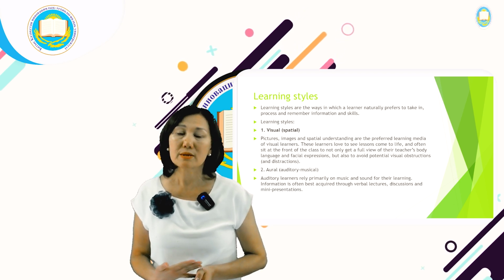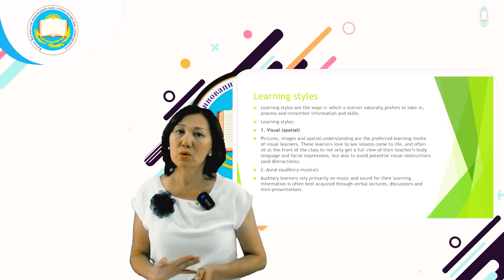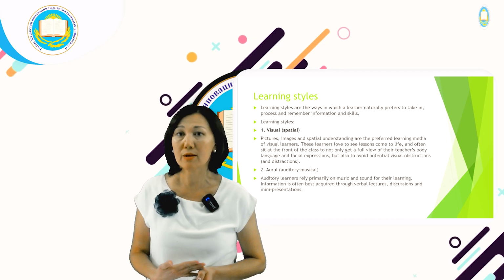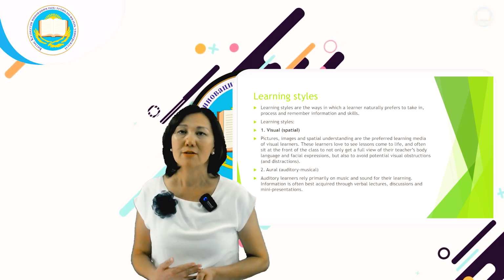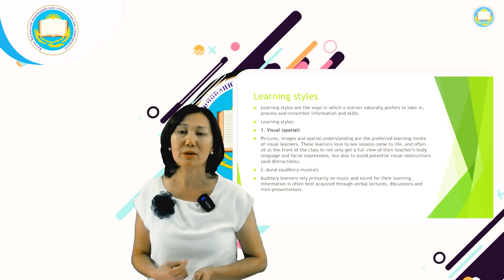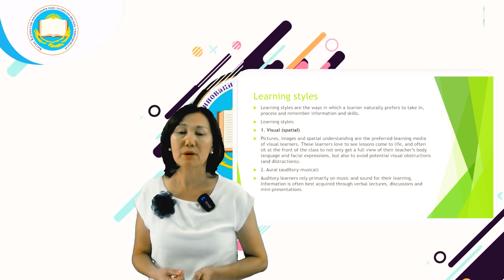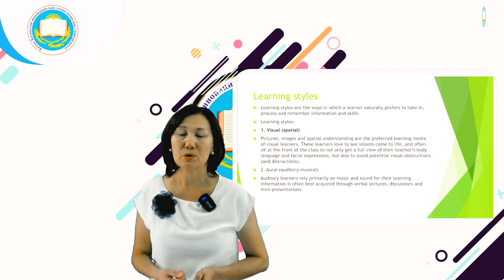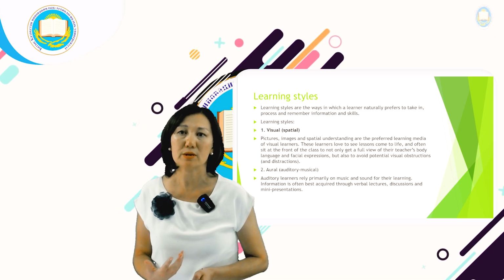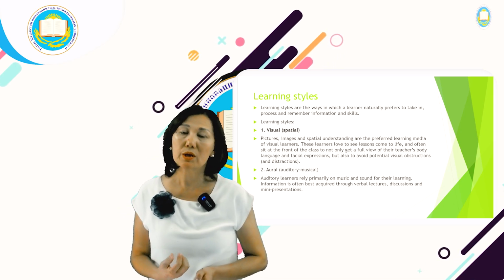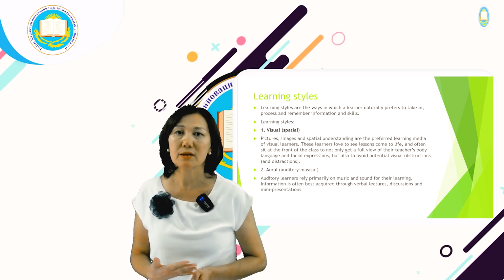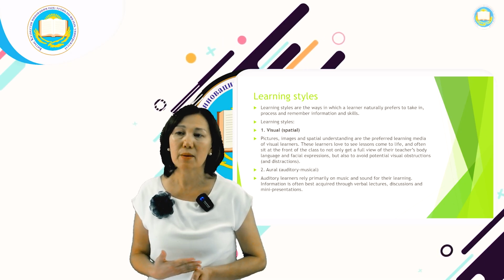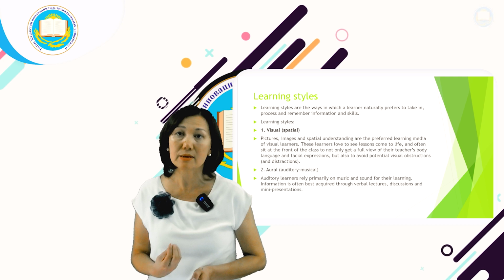So learning styles are the ways in which a learner naturally prefers to take in, process, and remember information and skills. So there are some types of learning styles. One of them is visual, or sometimes we say spatial, yeah? So visual learners prefer pictures, images, as well as something that they can see.